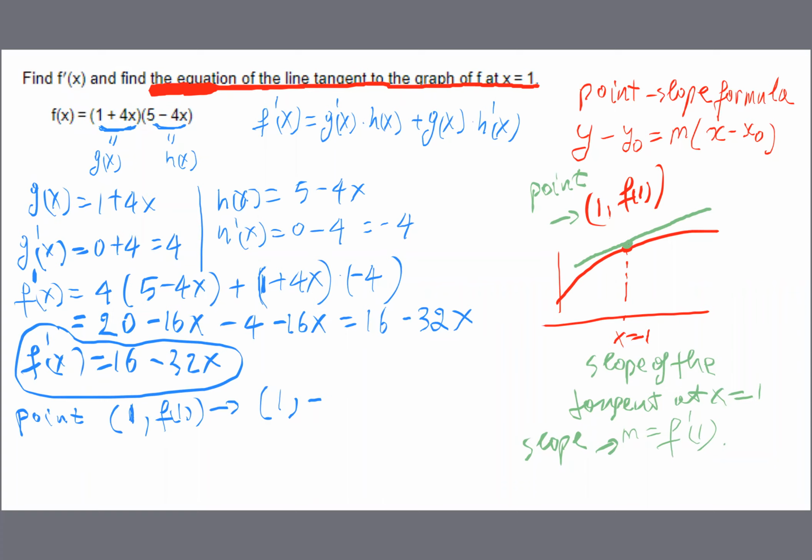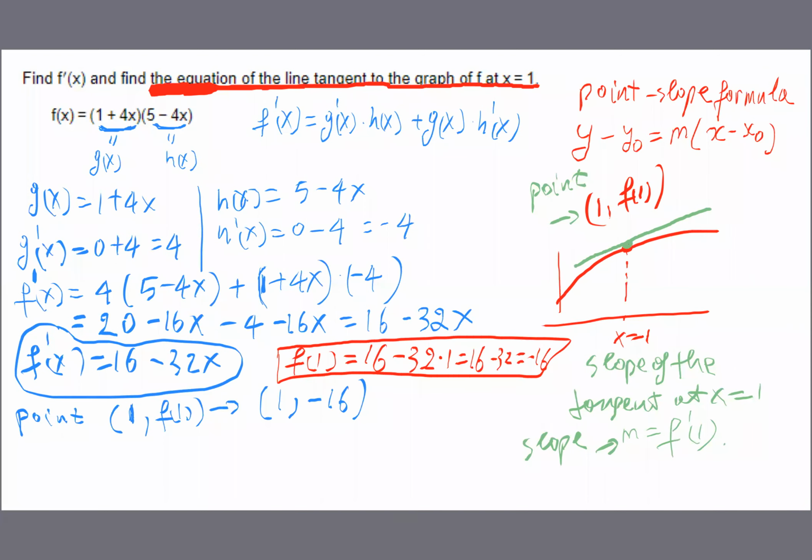You're going to find negative 16. Let's just find it. f of 1 equals 16 minus 32 times 1, 16 minus 32, negative 16. There we go. Got to do it step by step so we don't make a mistake, just to be confident here.